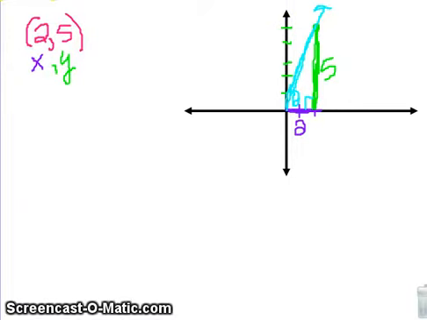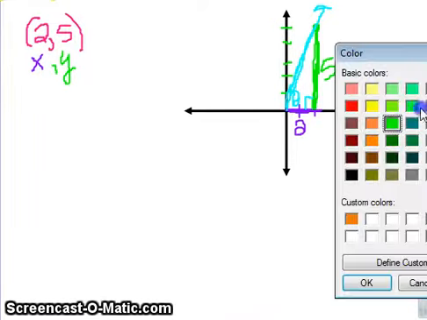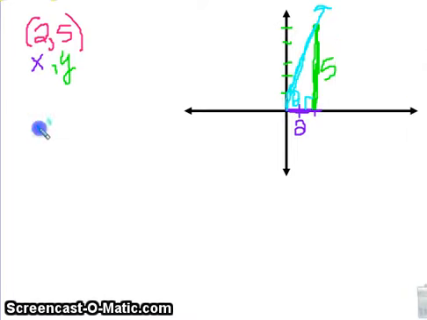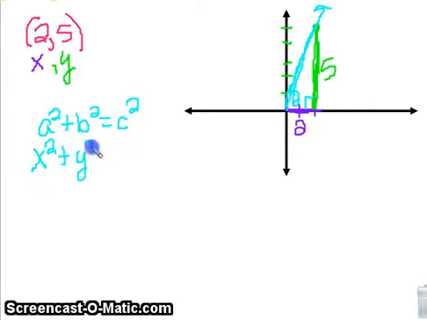Good, Austin. So our Pythagorean theorem is going to be a squared plus b squared equals c squared. We also can write this as x squared plus y squared equals z squared, in this particular case, if we're representing everything in x, y, and z.